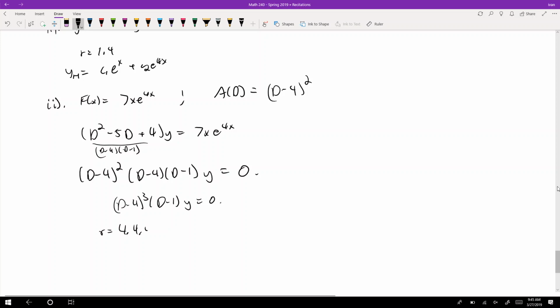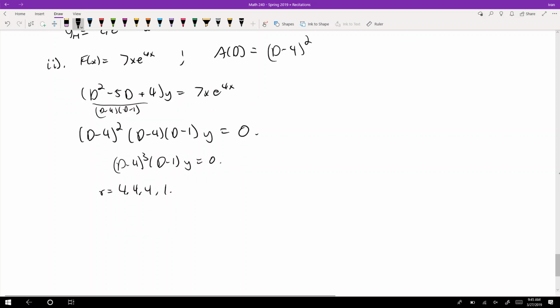So 4, 4, 4, 1. Okay? So what does that mean? That means y is equal to c1 e to the x, that's fine, plus c2 e to the 4x. All right? But what's after that?